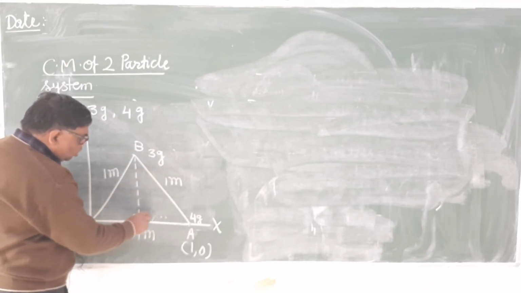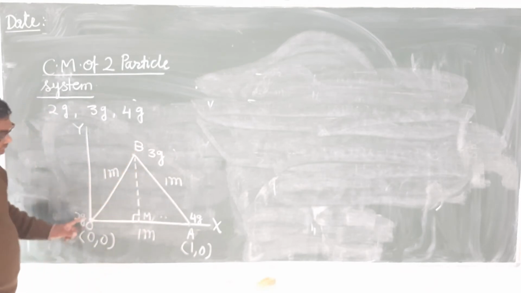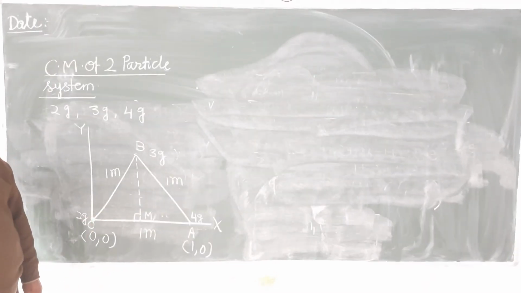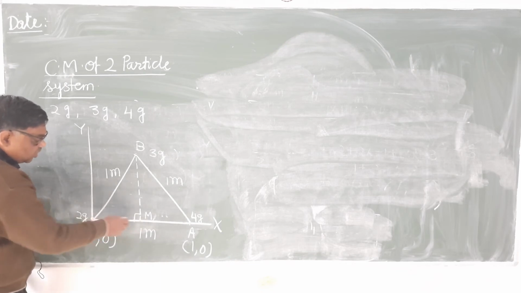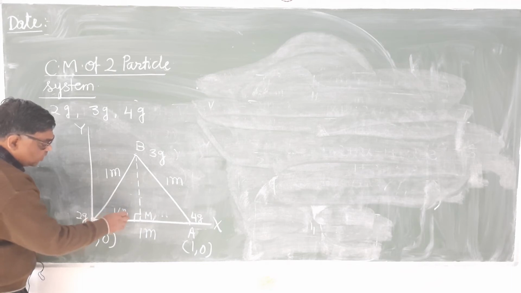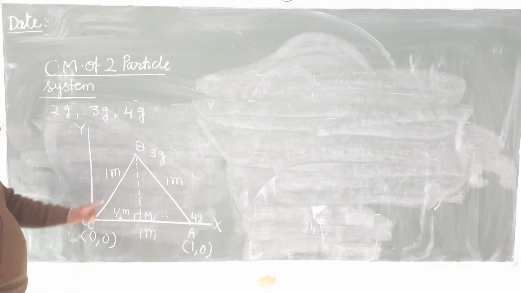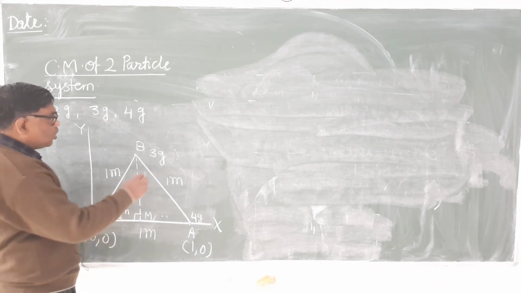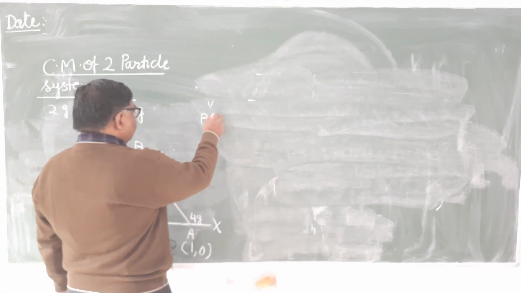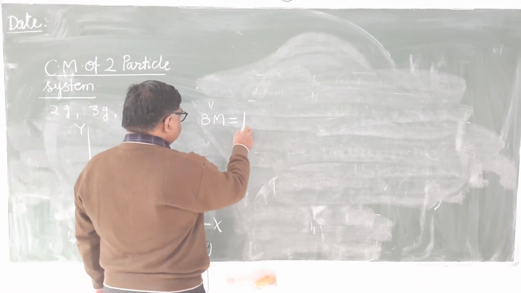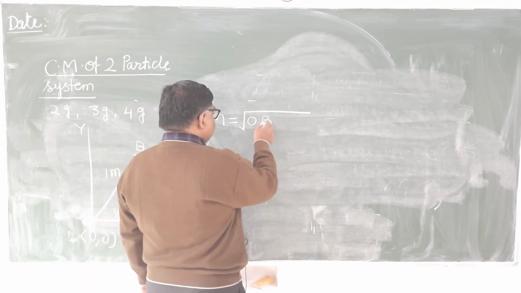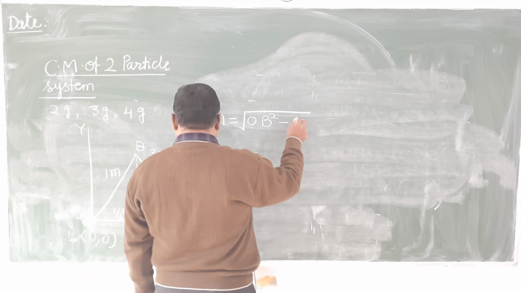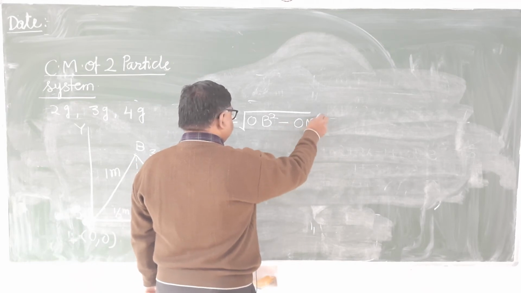Now this you can find if you draw the perpendicular. You know the perpendicular drawn from the vertex on the side bisects the side, meaning OM is, the distance from O to M will be 1/2 meter. So from Pythagoras theorem you can find out BM. BM will be equal to OB square minus OM square.